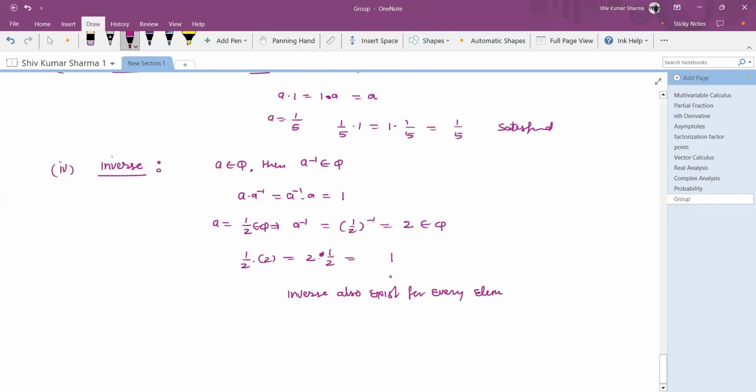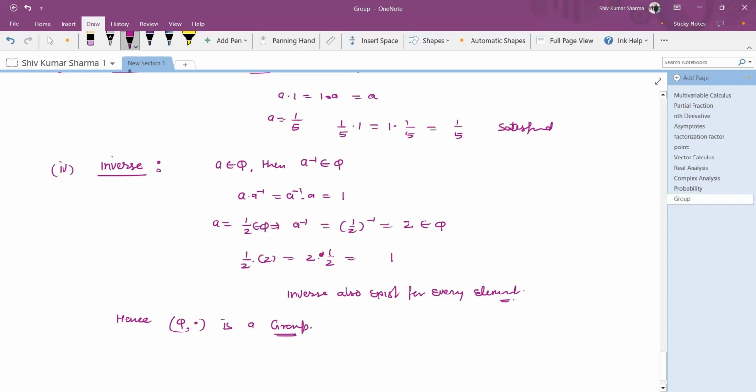You can take any element, and the inverse exists. Hence we can write, suppose G means the rational numbers Q, hence Q under multiplication is a group.